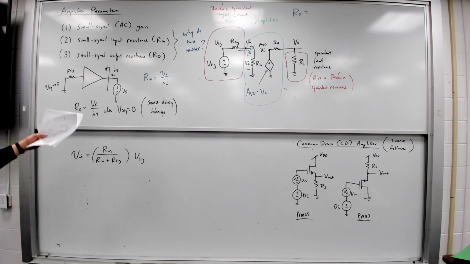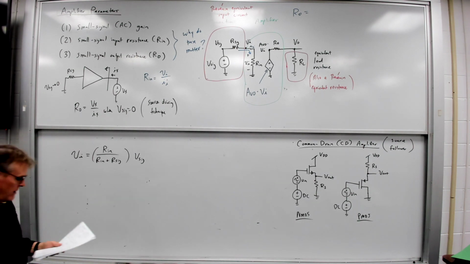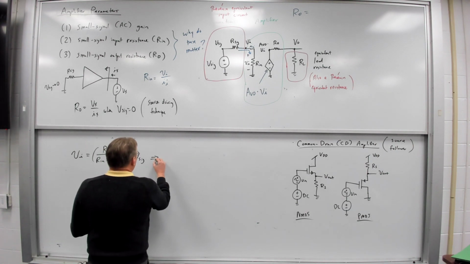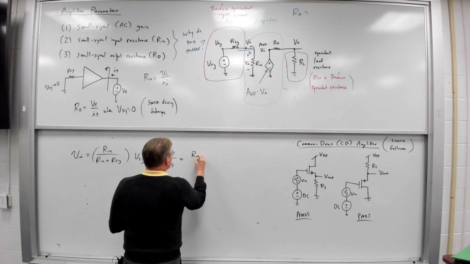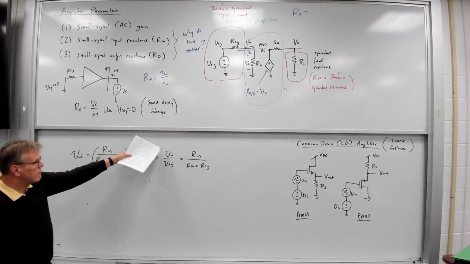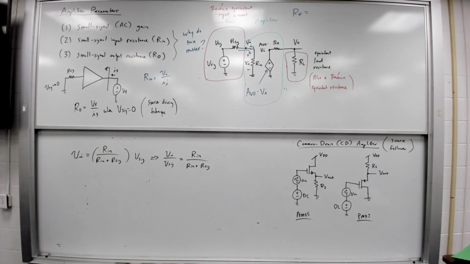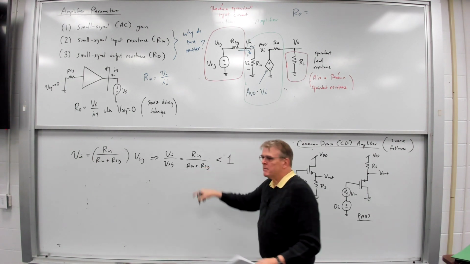I could write the nodal equation at the V_i node and I'd get the same equation. Or, V_i over V sig is equal to R_i over R_i plus R sig. So the ratio of V_i to V sig is simply R_i over R_i plus R sig, which incidentally has to be less than 1.